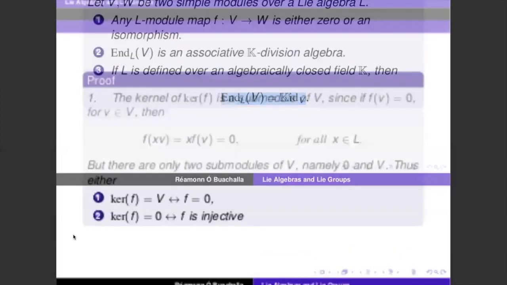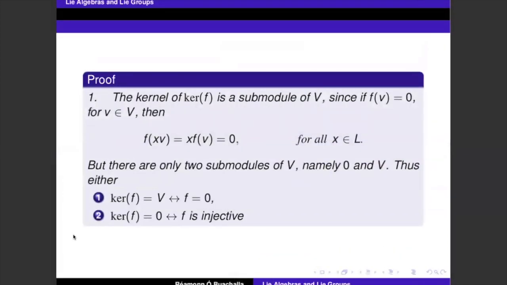So let's prove this. We go back to our usual argument when dealing with anything simple: the only sub-objects are 0 and the thing itself. In particular, the kernel of any linear map is going to be a submodule. That's just by definition. You see the argument here.